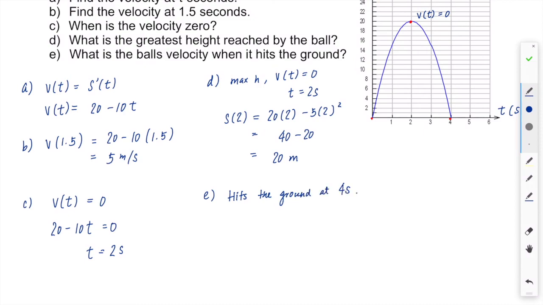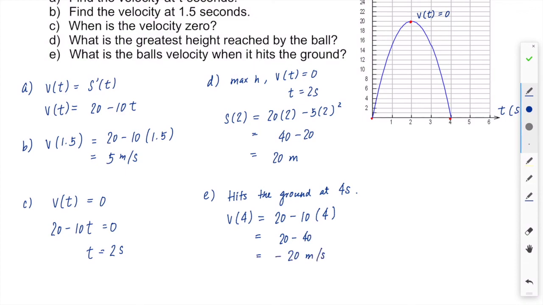Okay, let me write this down. Then we can sub in v of 4 into the equation of v of t. So 20 minus 10 times 4. 20 minus 40, negative 20.